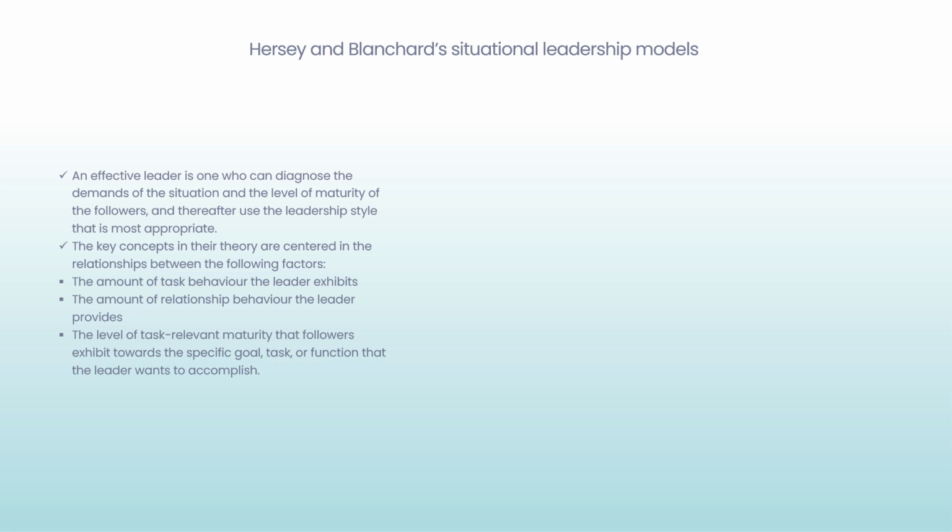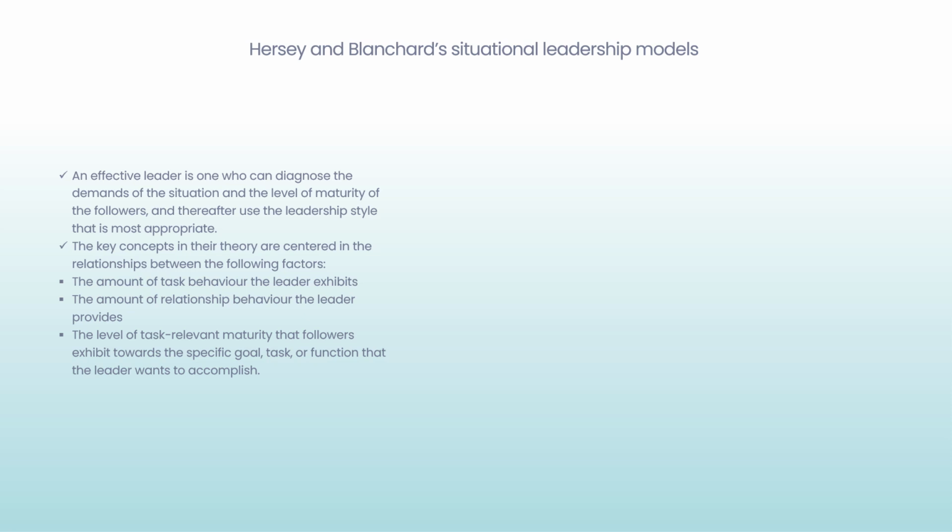The maturity of followers, very important. Then if you are able to understand the situation and see the level of your followers, then you are able to define the type of leadership style appropriate in the situation we are facing, which is at hand.